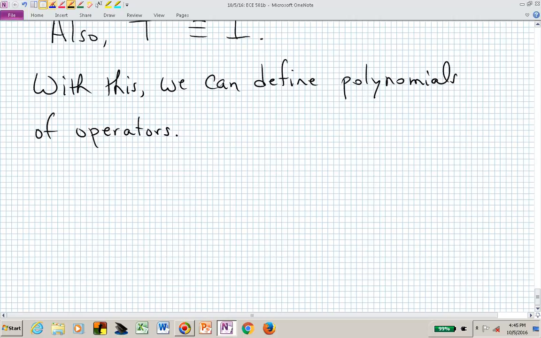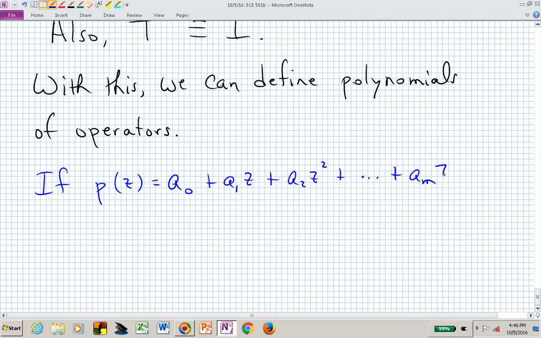By that, I mean that if we have this polynomial p of z, which is a sub 0 plus a1 z plus a sub 2 z squared on up to a sub m z to the m, and that's really a sub 0 z to the 0 if you wanted to think about it, and that might be helpful when we're translating these polynomials into polynomials of operators, to have that placeholder z to the 0 there.